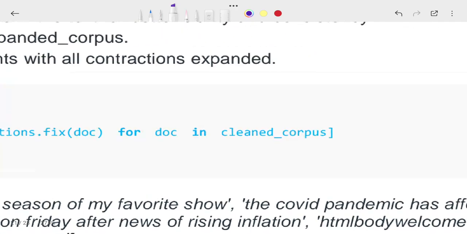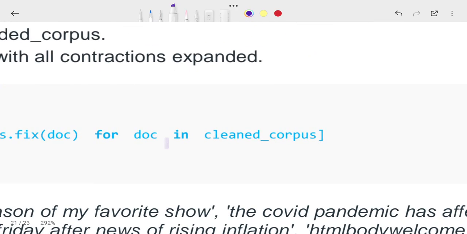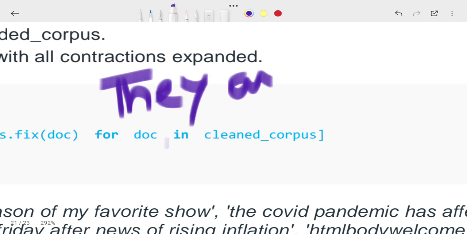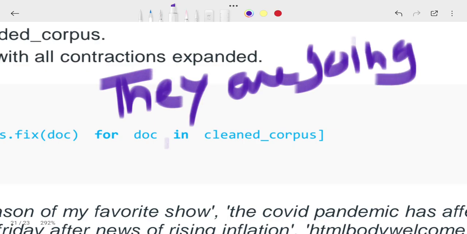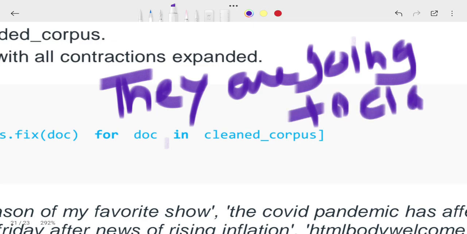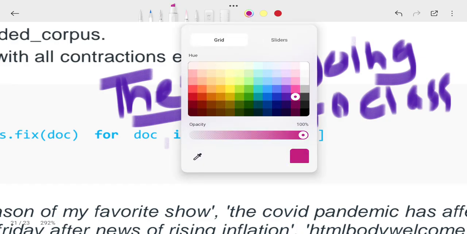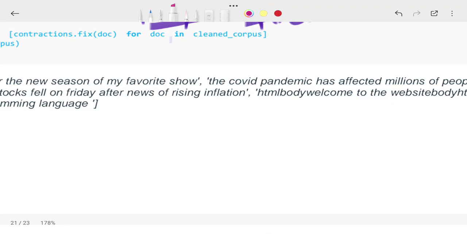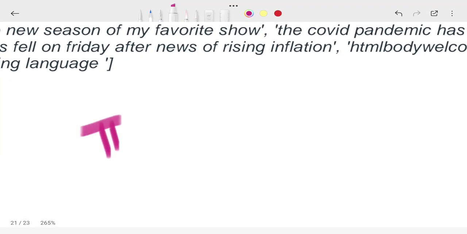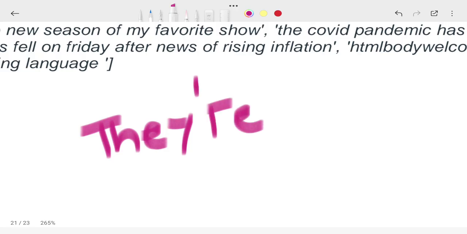Suppose I have written a text, "they are going to class." In place of "they are", I can also write "they're", a shorter form. To write the shorter form we are using this. "They're going to class."